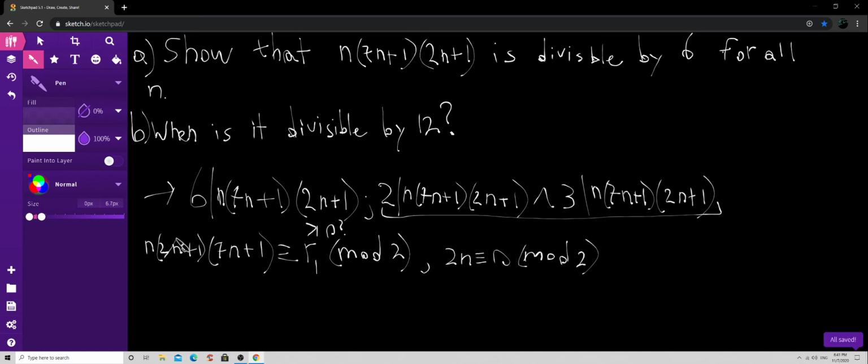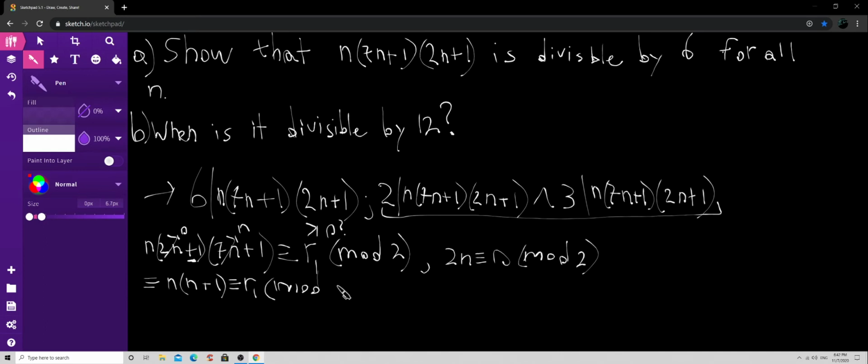So this just goes away, and 7n plus 1 just becomes n plus 1, because we can separate it into 6n plus n plus 1. 6n is divisible by 2, so that is congruent to 0 mod 2, and we're just left with n plus 1. So all in all, this is congruent to n times (n plus 1), which is congruent to our R1 mod 2.